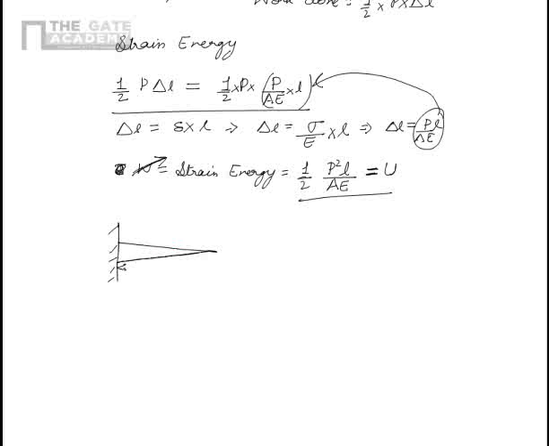This conical bar is having L length, same as this one, and there is a force P applied here. And let's say the width is B here at the fixed end, which is the highest width, and it tapers down to 0 here. Let's say that the thickness is T and Young's modulus is E.